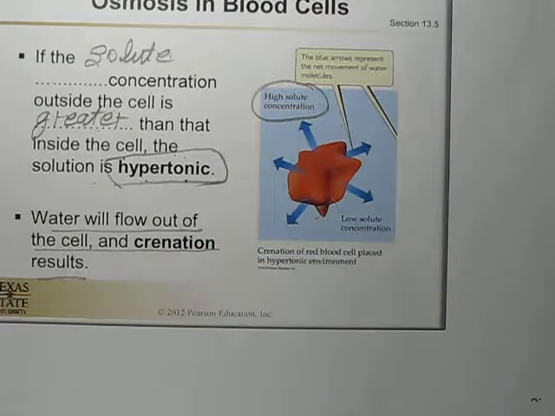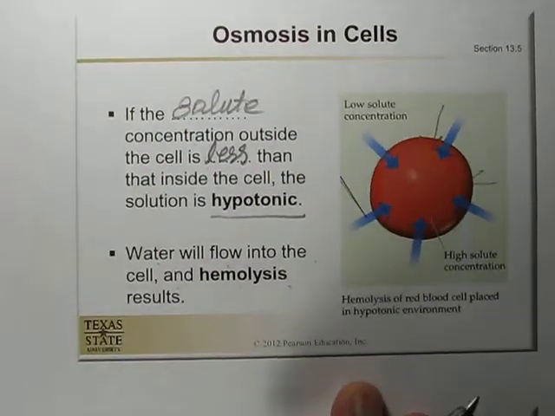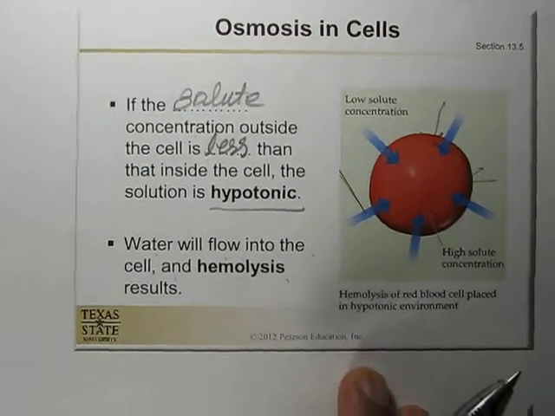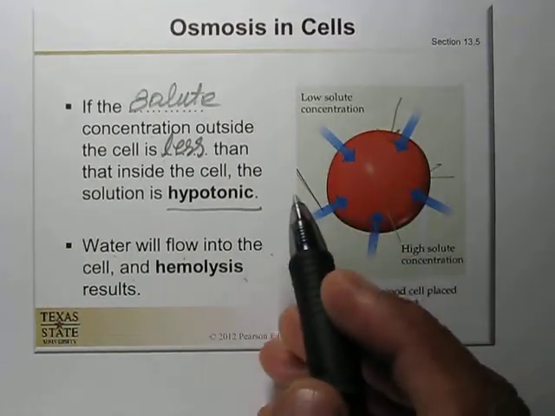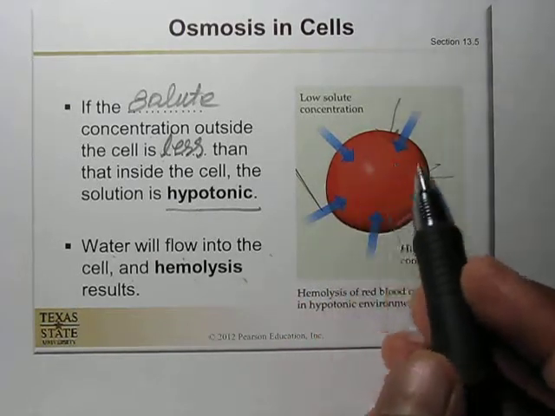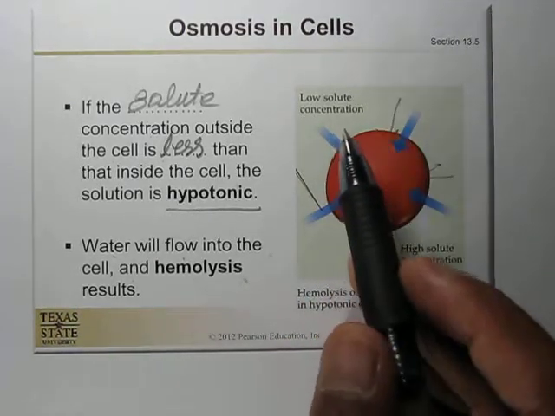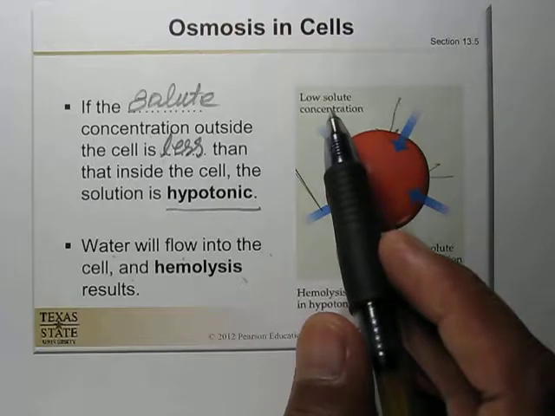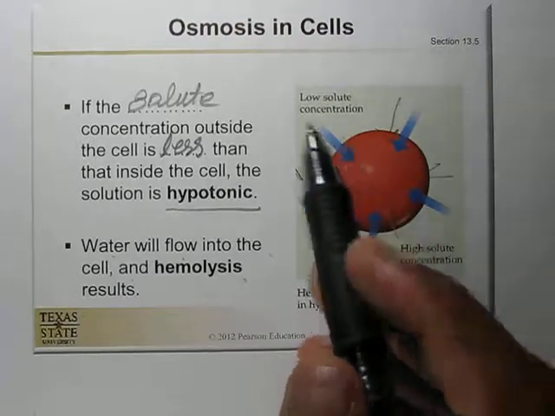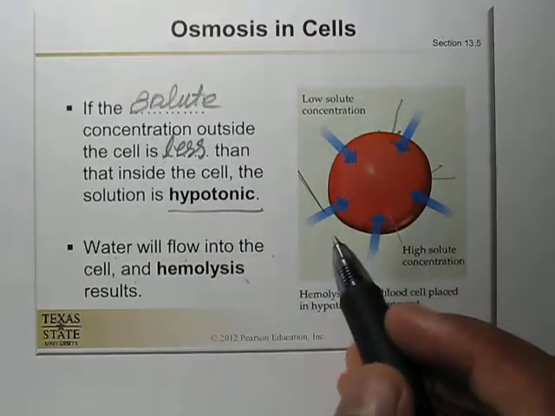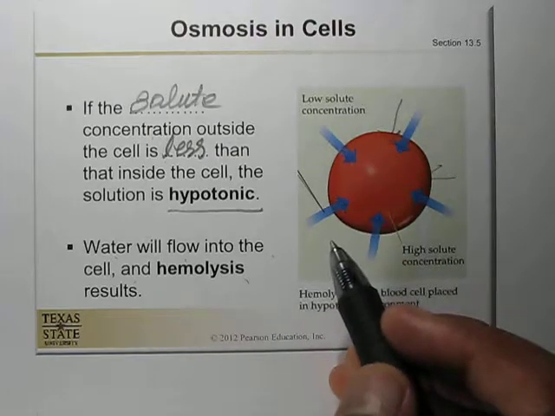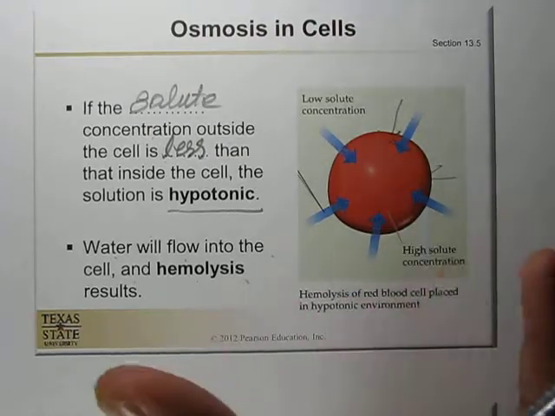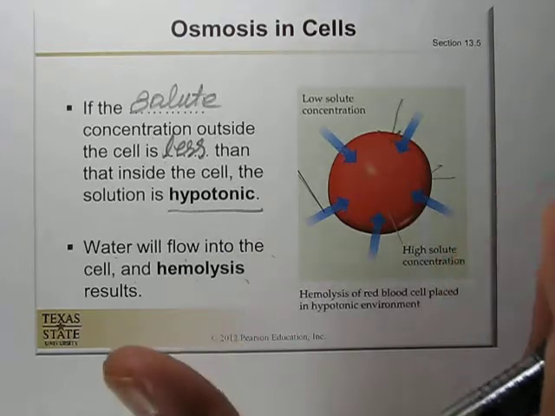Another terminology related to osmosis: osmosis in the cell. If a cell is placed in a solution where the solute has less concentration, what will happen? Solvent will go from outside to inside and the cell volume will become very high.